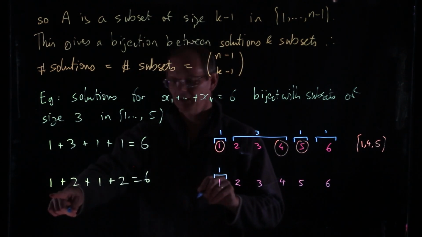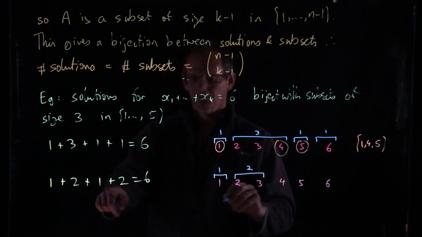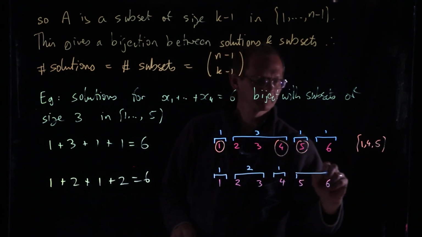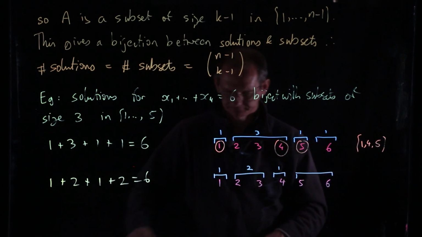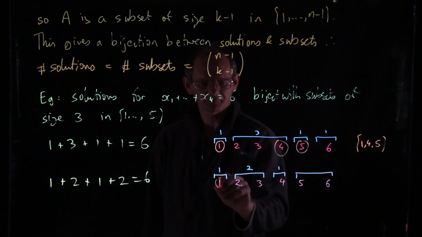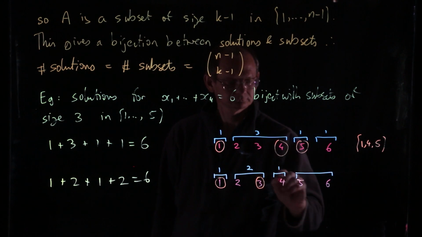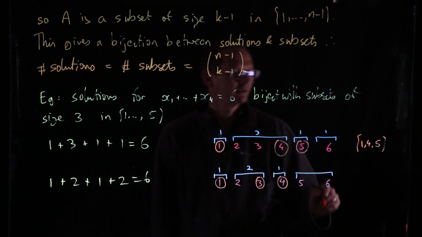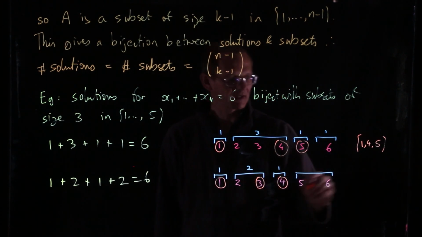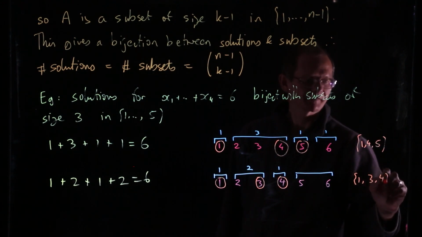First interval of length 1, second interval of length 2, third interval of length 1, and fourth interval of length 2. Then we look at the right-hand ends of all these intervals except for the last one. Ignoring the last interval, we've got 3 intervals and 3 endpoints. So we get this set here, 1, 3, 4, of size 3.